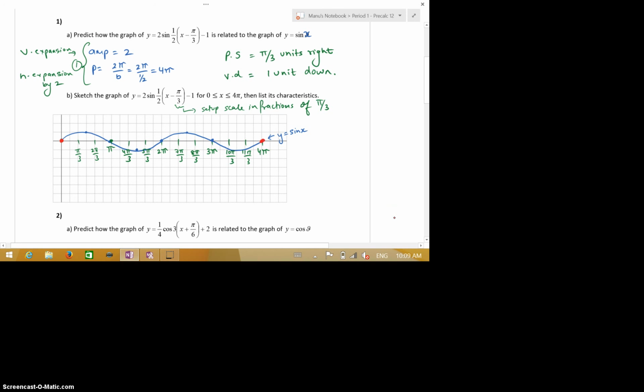Normal sine function, this is where you need to remember the general shape of a sine function. A sine function will look like this. Starts here, ends here. In between the starting and the ending point is another intercept, the 0. Right? So using that concept, if it starts at 0, ends at 4 pi, at 2 pi it's going to have another x-intercept.